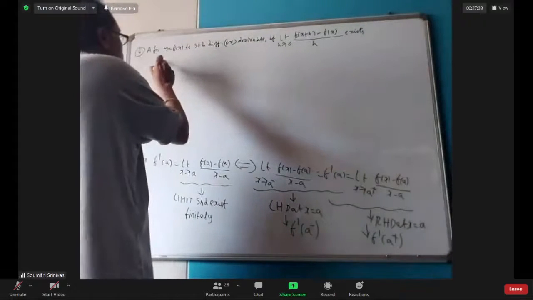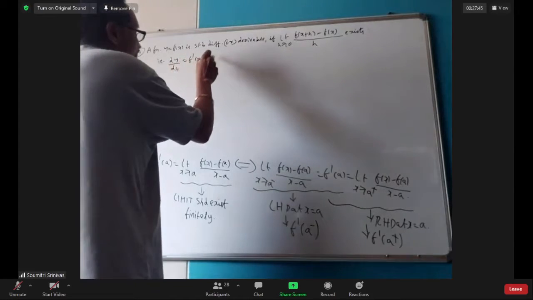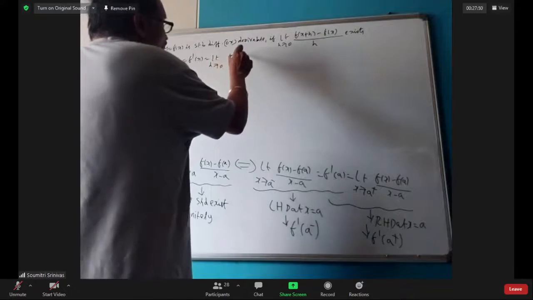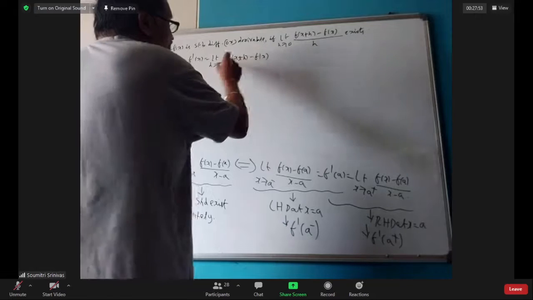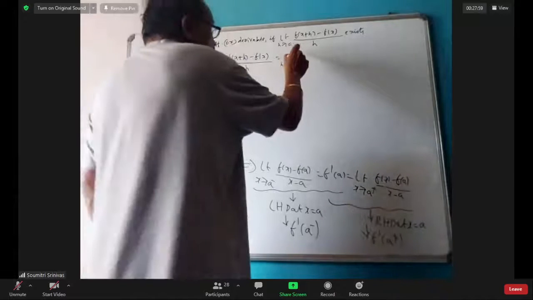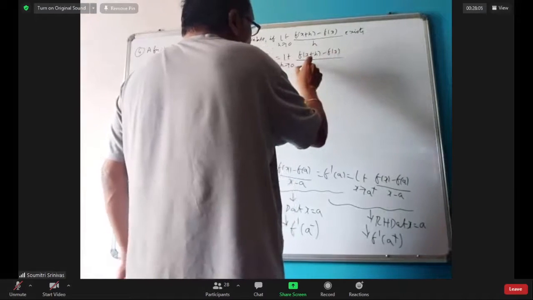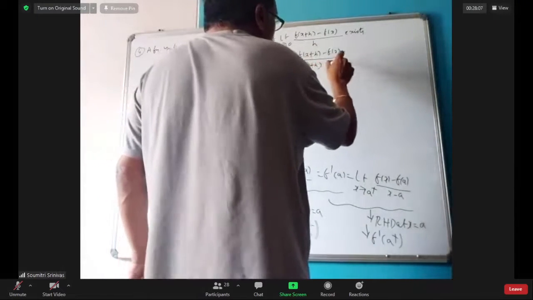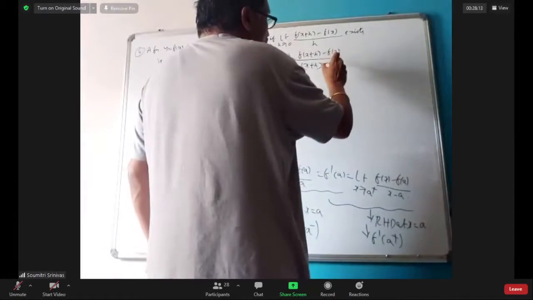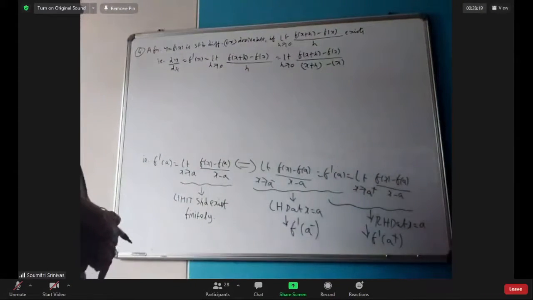That is dy by dx is equal to f dash of x is equal to limit as h goes to 0 of f of x plus h minus f of x by h. In this, put x is equal to a.